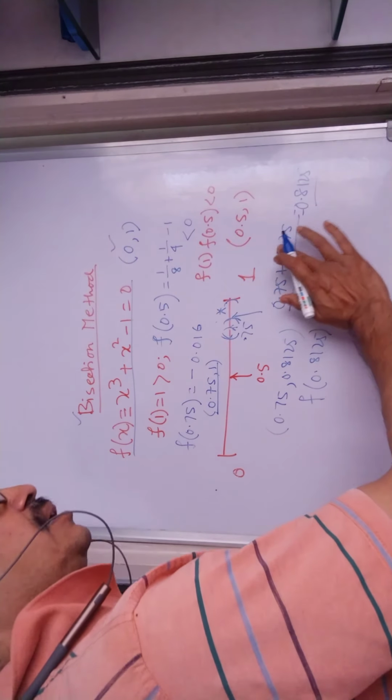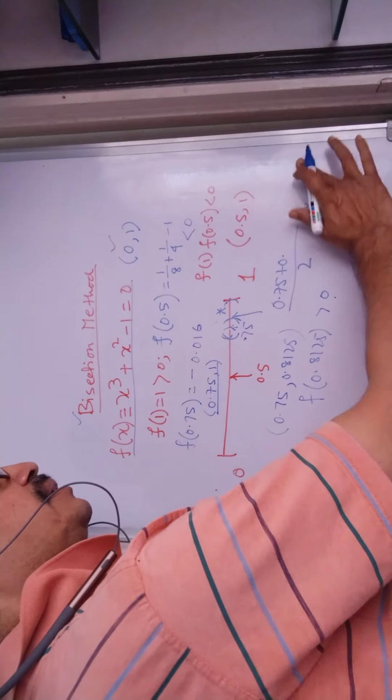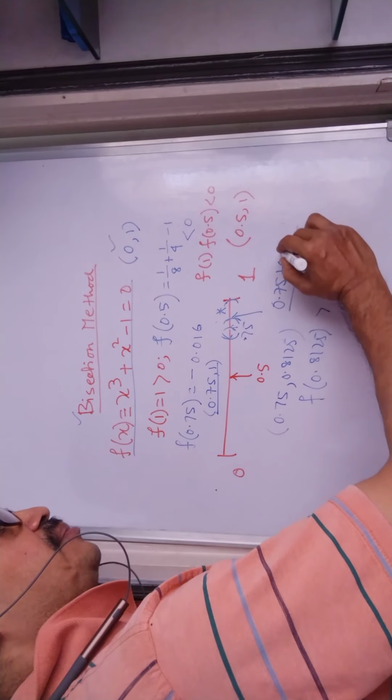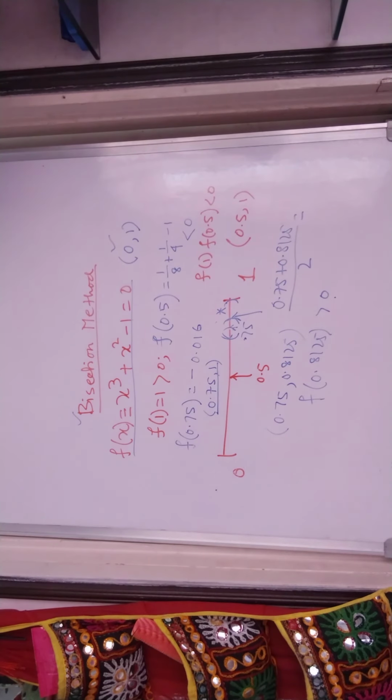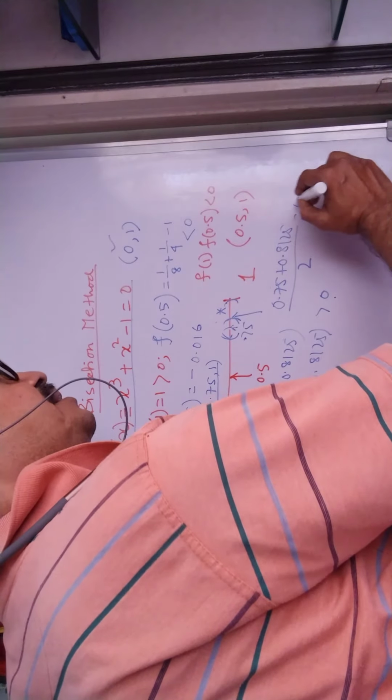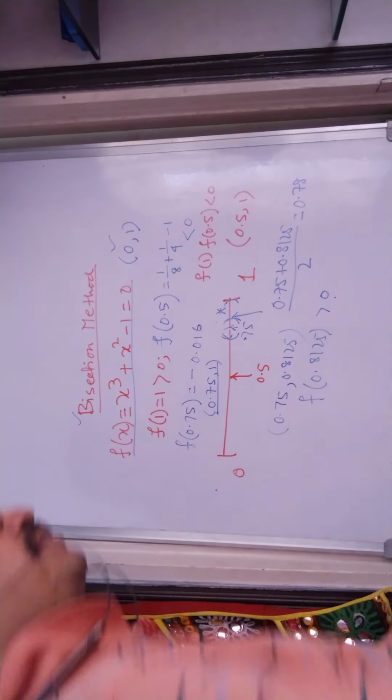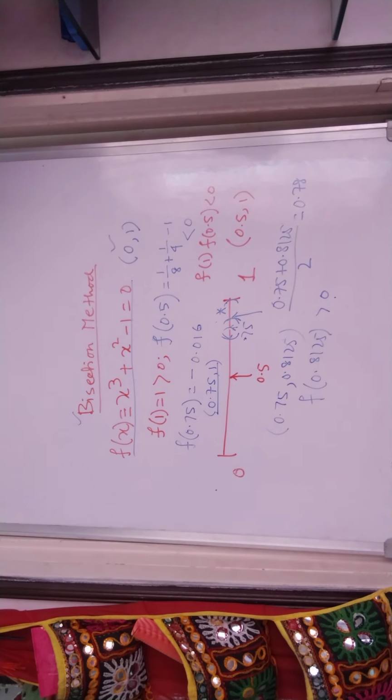And then we should halve it again. That means (0.75 plus 0.8125) by 2. What does it become? It gives us the value 0.78.